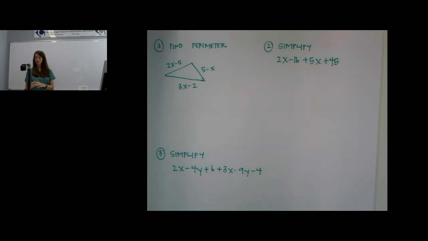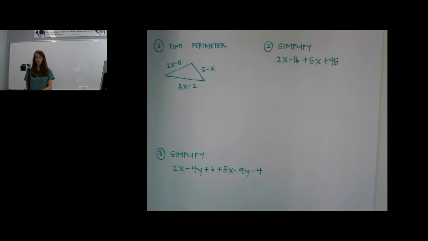Then simplify 2x minus 16 plus 5x plus 45, and then simplify 2x minus 4y plus 6 plus 3x minus 9y minus 4. I want you to take a minute and do these three problems.